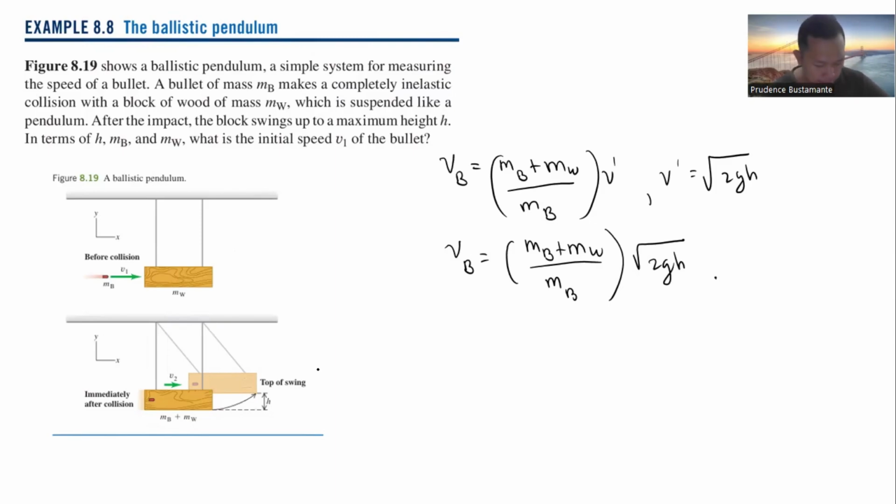So if you are given the masses of the bullet and the wood, you can actually calculate the velocity of the bullet. For example, if the bullet is just 5 grams, and you have a wood which is 2 kilograms and the height is 3 centimeters, you can actually calculate the VB.